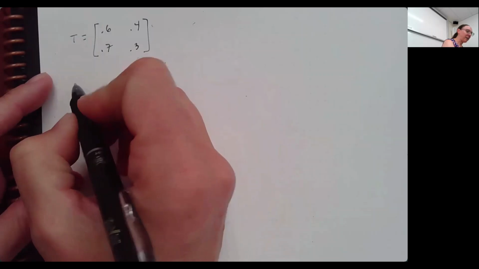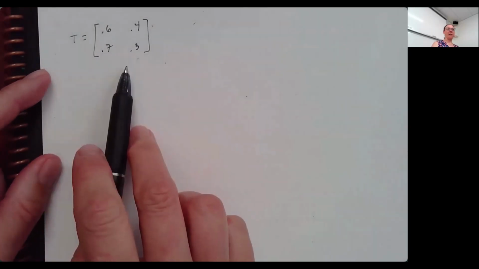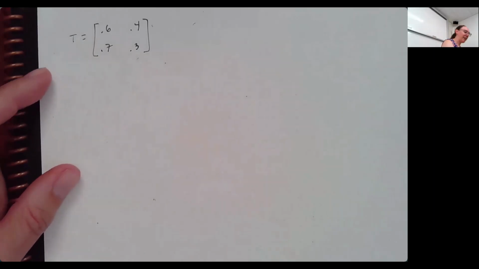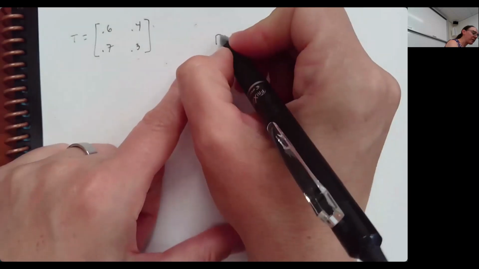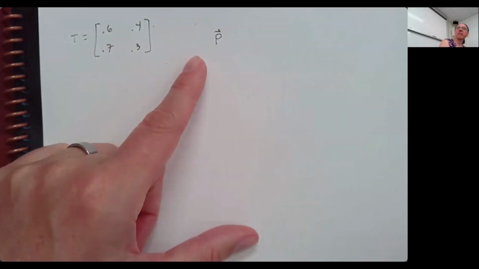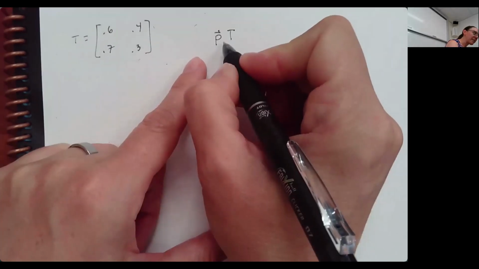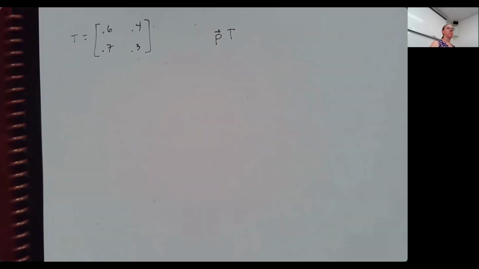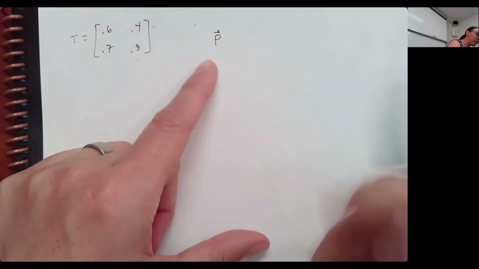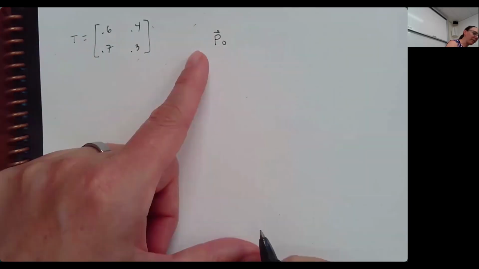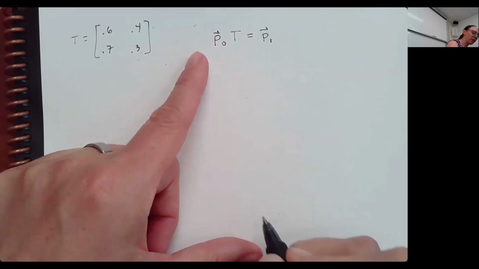So if I started at 0.5, 0.5, and I wanted to know after 2 nights, what's happening is we're doing our matrix of probabilities, or writing it as a vector, times our transition. If I use my starting probability distribution, I'm going to get my next probability distribution.